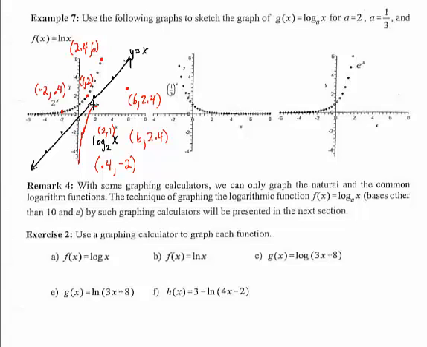and I'll head over. Oh, that's not very good. Let me see if I can do a better job of that. Make sure I veer over and cross through my second point.